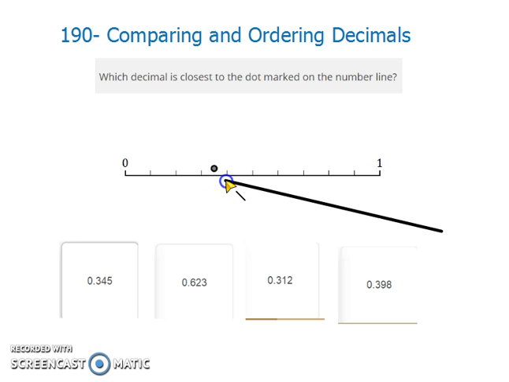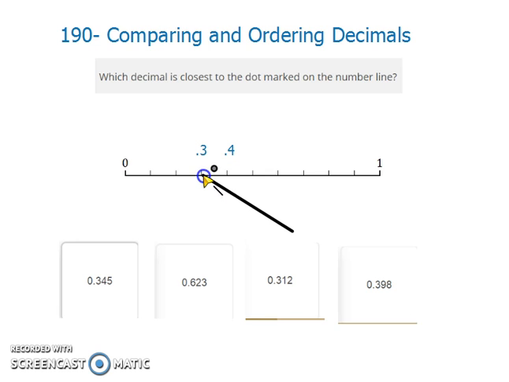Okay, so we have 0.3 line here and 0.4 line here, and we're here in the middle. So we need to look at what our options are. If we had 0.398, we're nearly at 0.4, so we're really close to this line. The dot would have to be located about here, so we can probably cross it off. If we look at 0.312, that's just after 0.3.